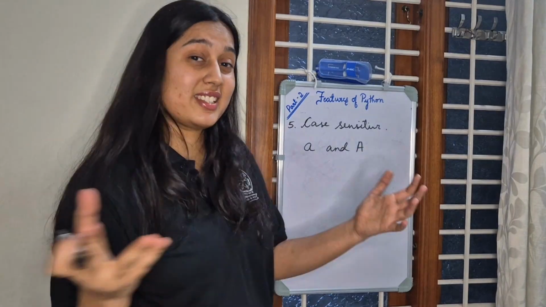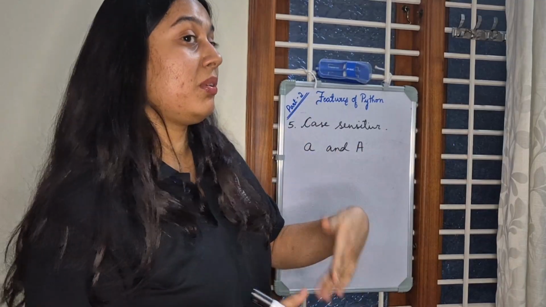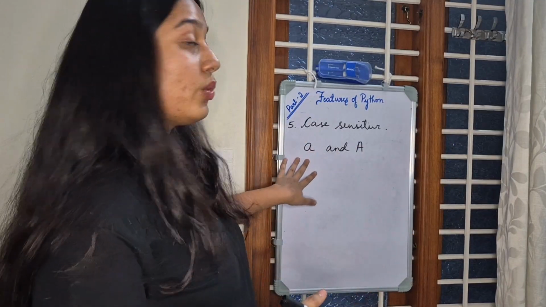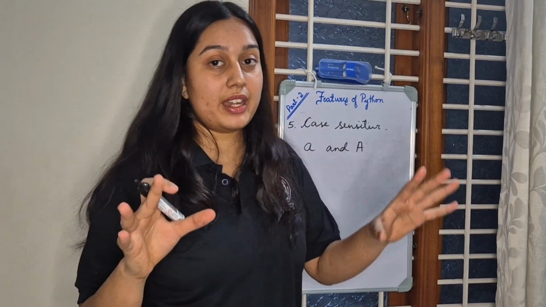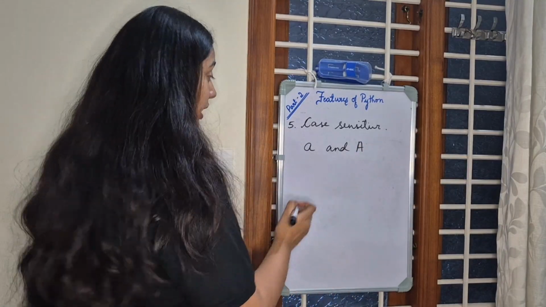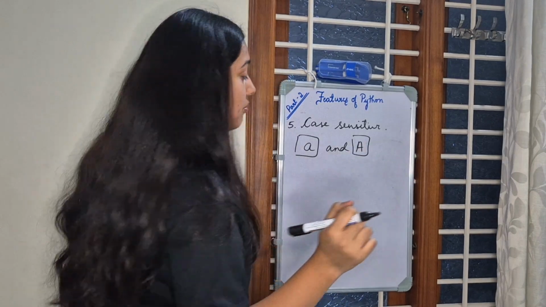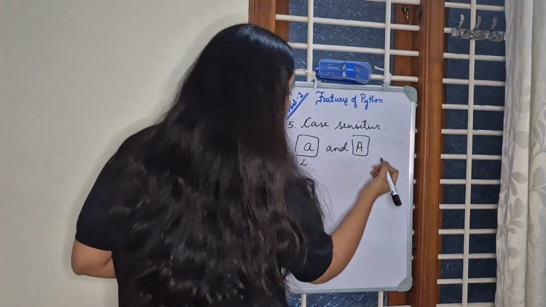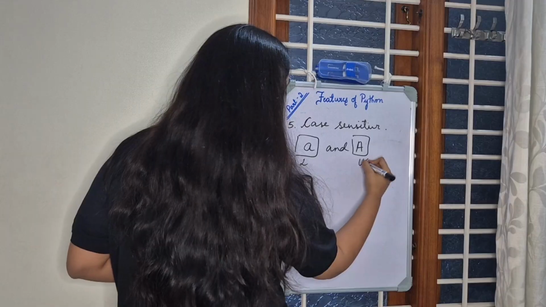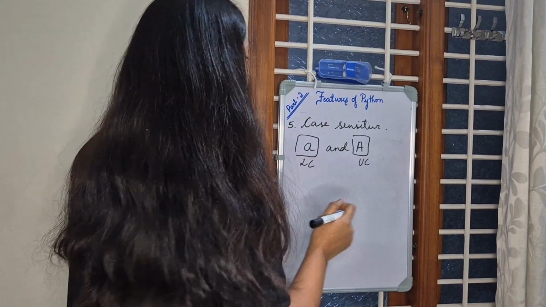For us, yes, it's just A. For us, probably our English teachers say lowercase a, capital A, all of that is there. Same case, consider Python as your English teacher. For it, a and A are not the same. This is a lowercase a, this is an uppercase A.